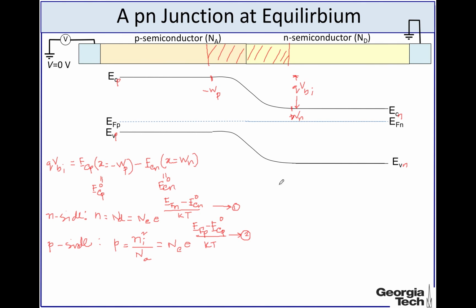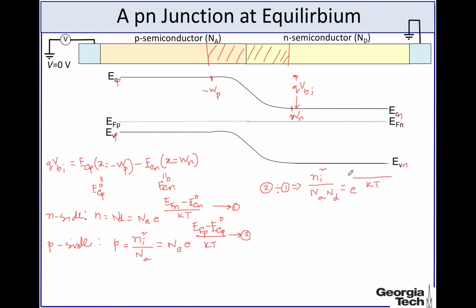So if we now simply divide 2 by 1, then what we get is Ni square over Na Nd equal to e power something over KT. Now EFN and EFP are equal, so they simply cancel out.